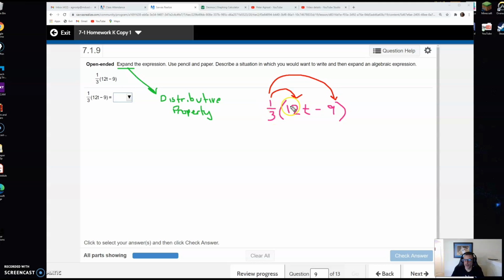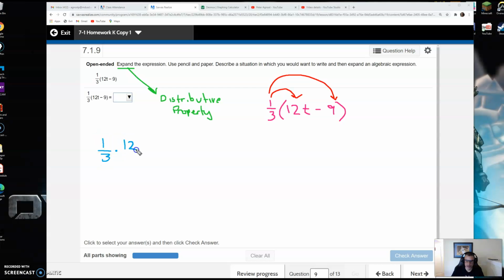So let's think about 1/3 times 12. What is 1/3 times 12? I'm going to do it over here. Anytime we multiply a fraction by a whole number, we put the whole number over 1, 12 over 1, and then multiply straight across. 1 times 12 is 12. 3 times 1 is 3.